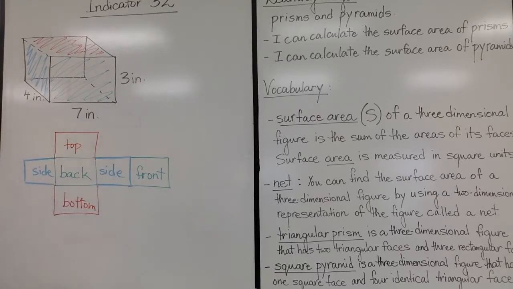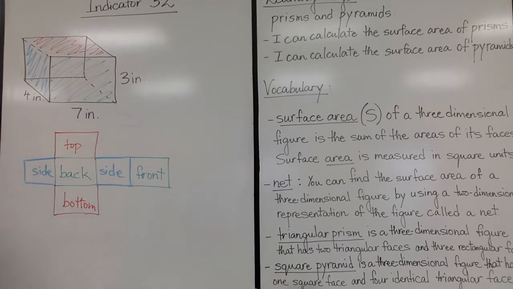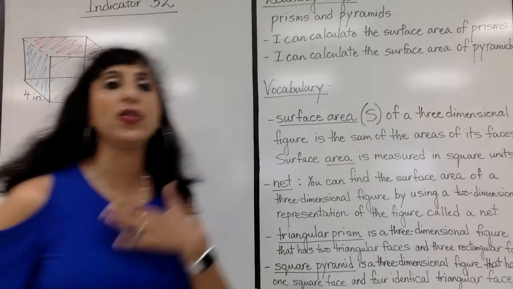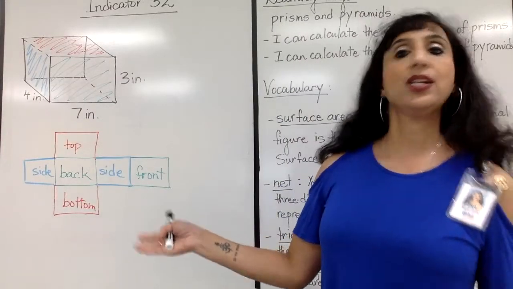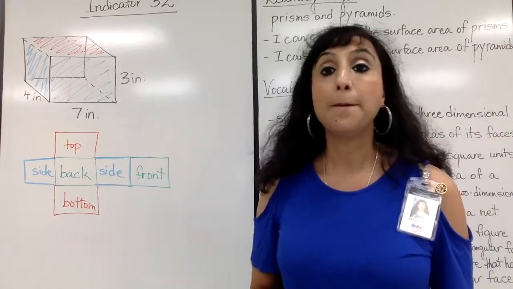Okay, now either I can write the measurements on this and then calculate, or I'll show you another way also. My students really like this way. Because I know that yes, this is the net, you're free to use this, and I'll show you how you write the measurements there in a minute.